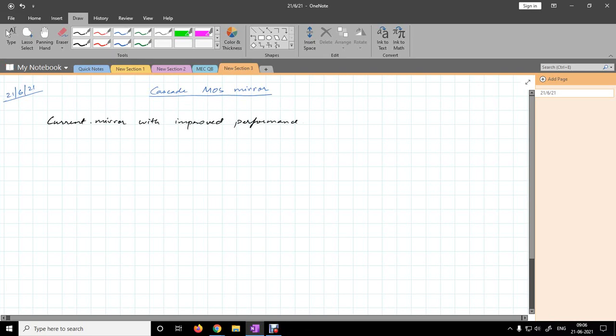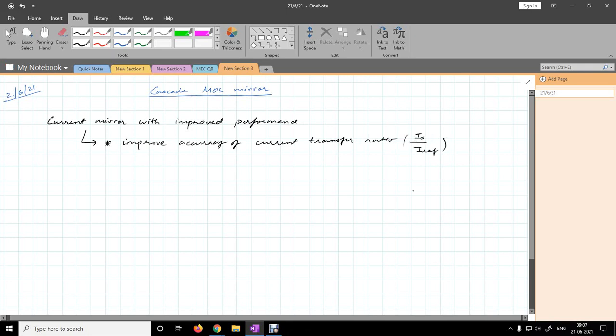How do you improve the performance? One is by improving the accuracy of your current transfer ratio, that is your I naught by I reference.